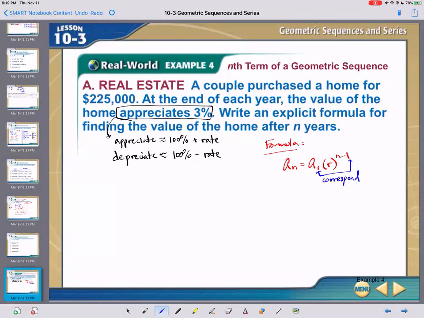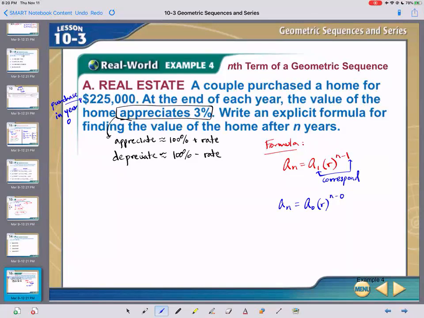On this problem, we buy a home and we don't buy it in year 1. When we buy, we purchase in year 0. So what does that mean for my formula? My formula is going to be that A_n, the value of the home, will equal A_0 times r to the power of n minus 0.